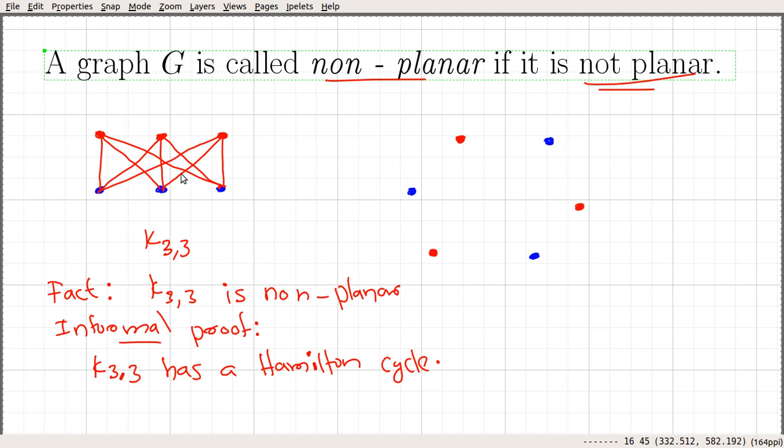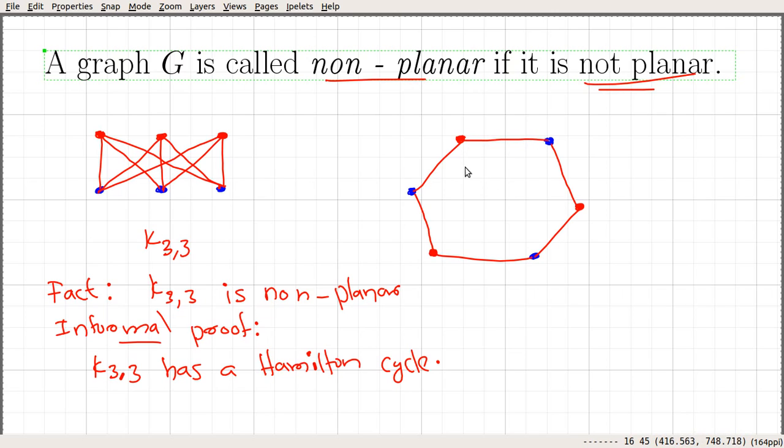K33 has 6 vertices, and I am going to try to draw it in such a way that the edges do not cross each other, and we will see that I won't succeed in that attempt. Since K33 has 3 plus 3, 6 vertices and a Hamilton cycle, it should have this cycle, C6.